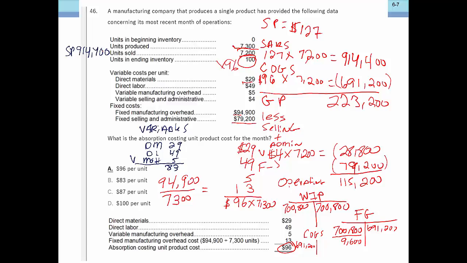Okay, now what I'm going to do is a contribution format financial statement so that I can come up with my variable cost per unit. So I know that it's $83 times how many units? Times the 72.